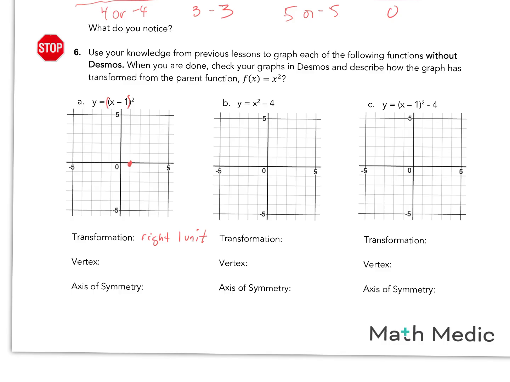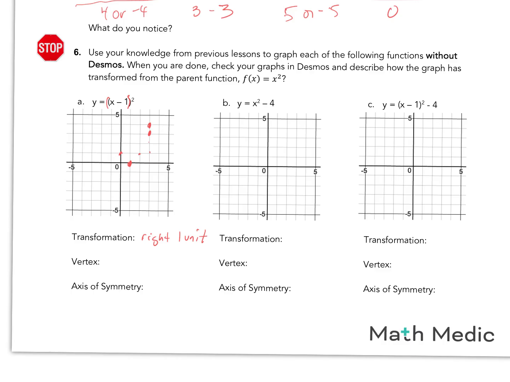So think about it. If I put in x equals 1, 1 minus 1 is 0, which is where (0, 0) was, where the old y value was, so it's moved to the right 1 unit. Okay, so everything is going to move to the right, and what we're going to get is here and here.